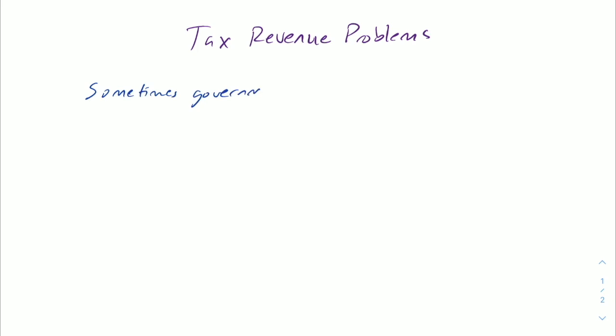Alright, so in this video we're going to talk about tax revenue problems. So sometimes governments levy taxes on goods produced.